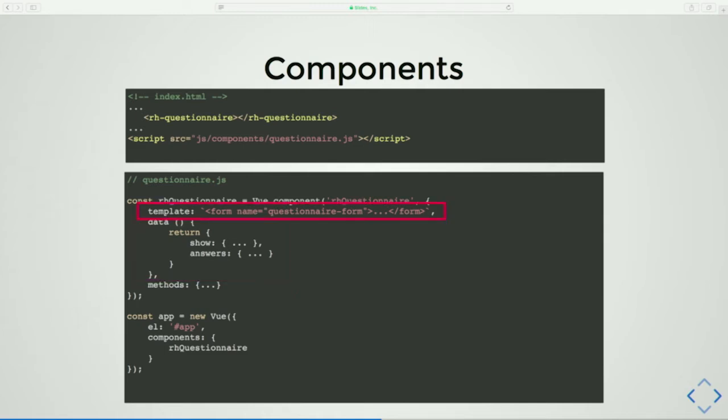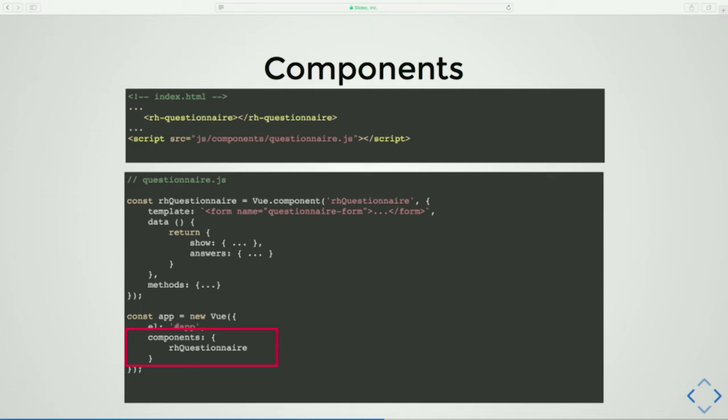So we also have a new property now called template. And here we're actually going to move all of our HTML out of our index.html and pass it into our template property for the questionnaire. Then we update our Vue component with a new components property.